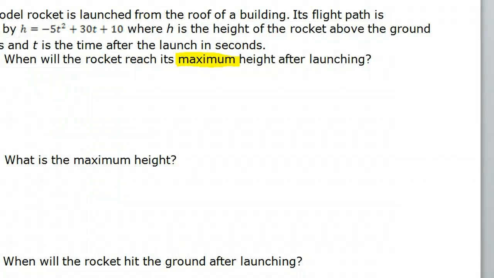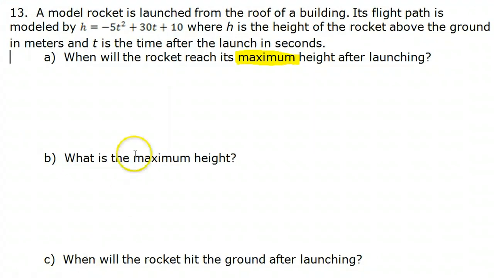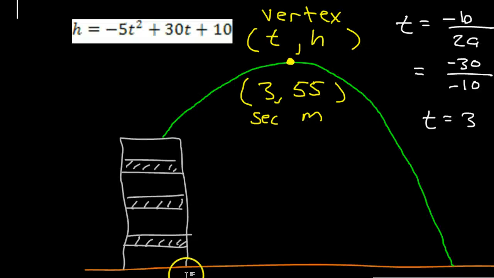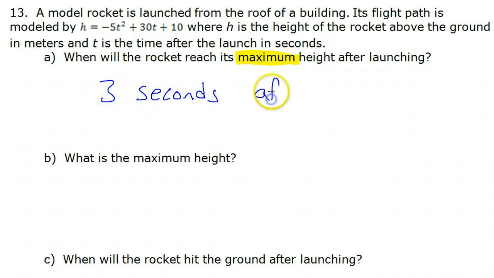Okay, so when will the rocket reach its maximum height? Well, like I said, 3 seconds after launch. Okay, so we can just write that down. 3 seconds after launch.